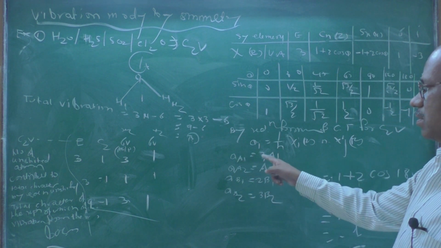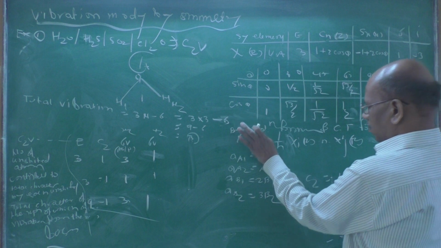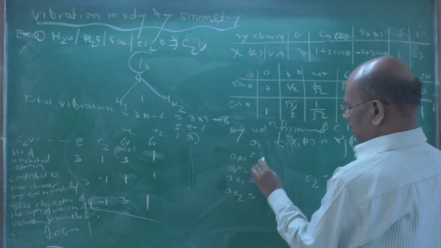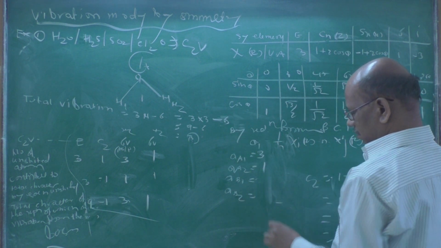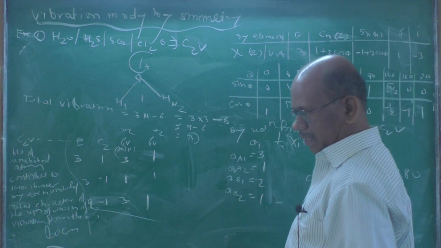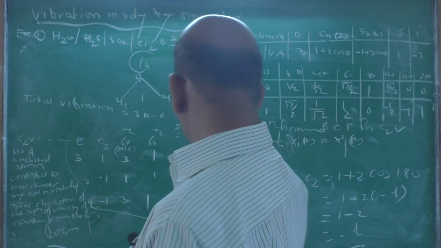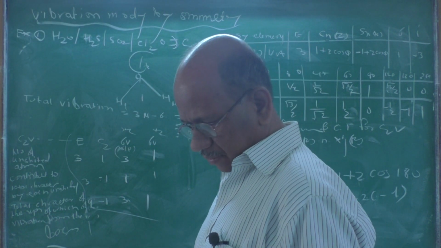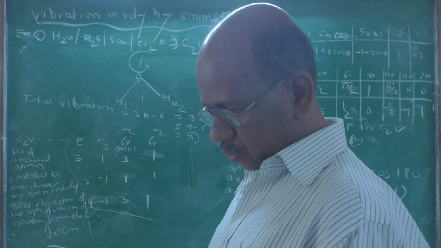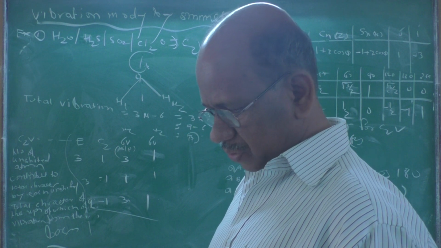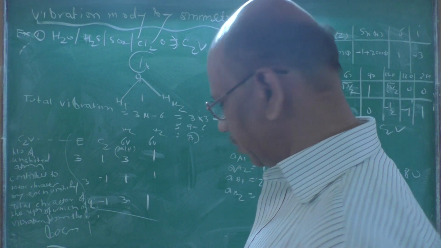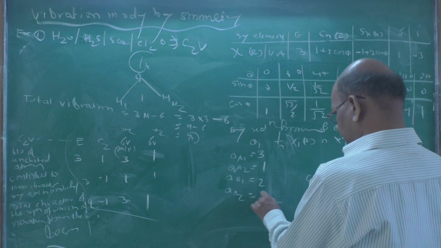Okay, a of A1 is 3, then it is 1, it is 2, and it is again 3. So these are the values. Means a of A1 is 3, a of A2 is 1, a of B1 is 2, and a of B2 is again 3.